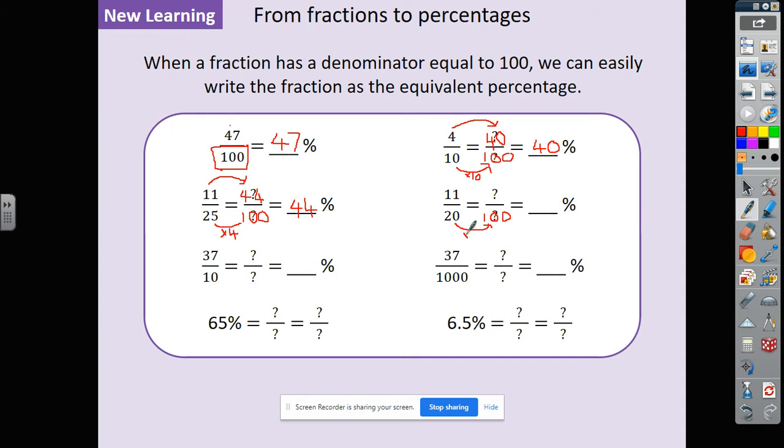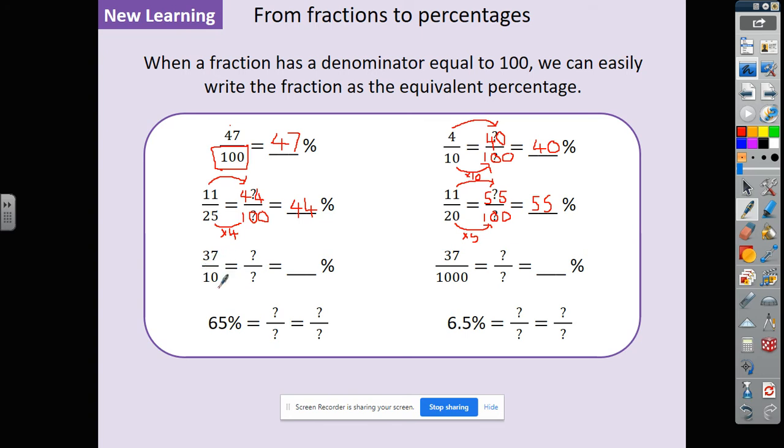So I can absolutely multiply this by 5. Remember, I need to do the same here. So this would then be 55. And I know if it's 55 out of 100, it's 55%. So it's really important to know that if we can get this to 100 easily, that is probably the easiest way to work out the percent.